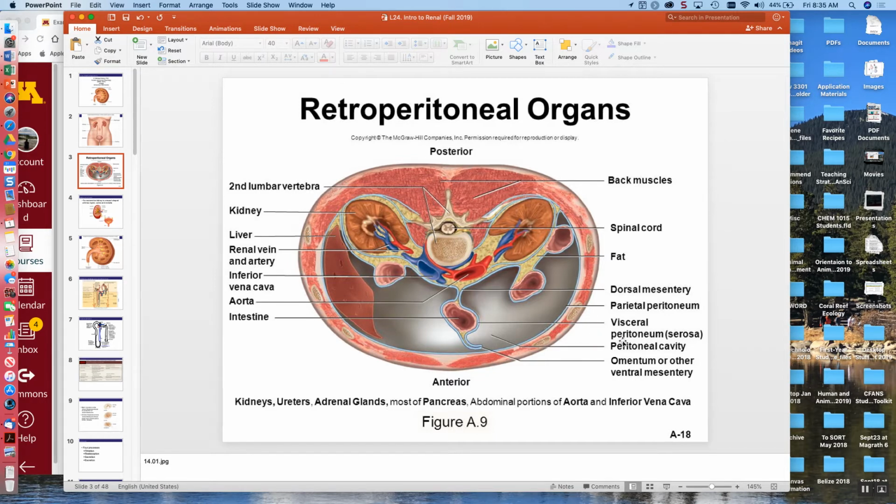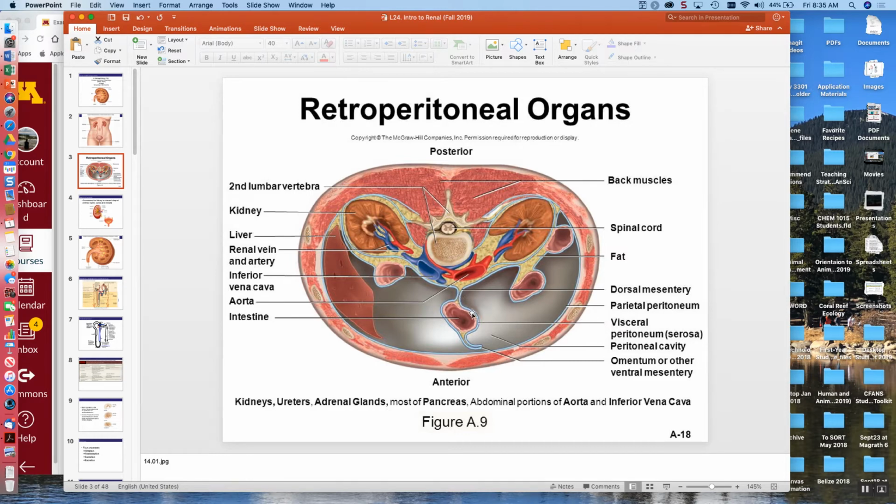We actually have a peritoneum. You can see the membrane extends. This is the parietal peritoneum. Here's the parietal peritoneum here. And the peritoneal membrane that's closest to the organs is called the visceral peritoneum, okay?